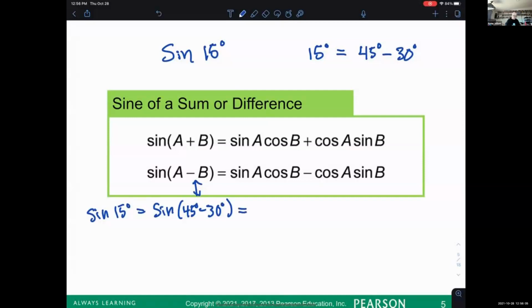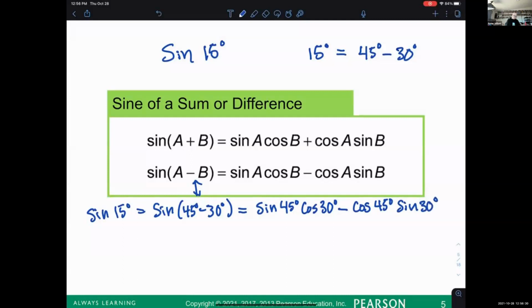So then this identity would tell me I can take the sine of this difference by doing sine of A, which is 45 degrees, times cosine of B, which is 30 degrees, minus cosine of 45 degrees, times sine of 30 degrees.